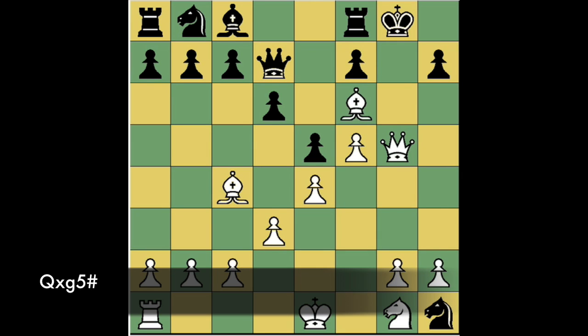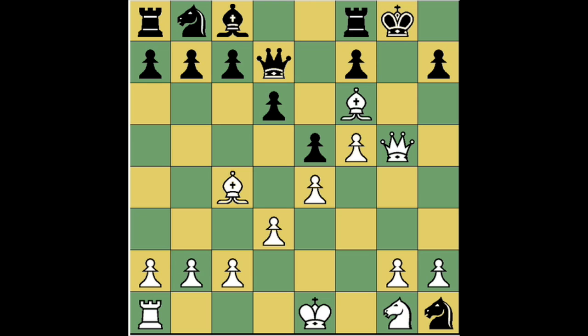The way you indicate checkmate is by putting a number sign or pound sign or hash sign, whatever you want to call it, after the move. So this move would be noted as Qxg5 with a pound sign after it. And that means queen x g5 checkmate.